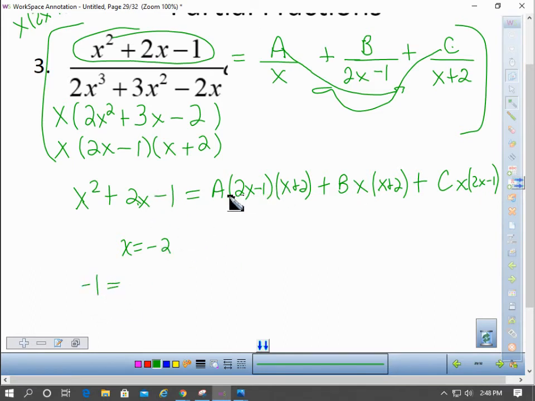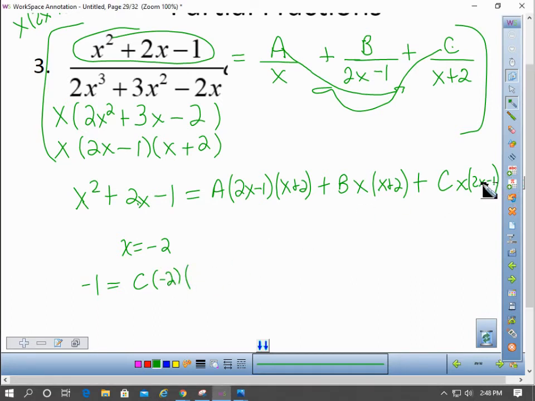So now if I plug -2 in here, that's going to make this term 0. So a is going to go away. If I plug -2 in here, notice -2 is going to make this 0. So the b is going to go away. So the only term I'm going to have left is the c. And I have to plug in -2 for these x's here. So that's going to be a -2.